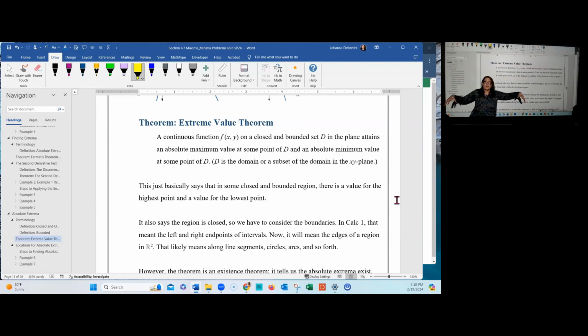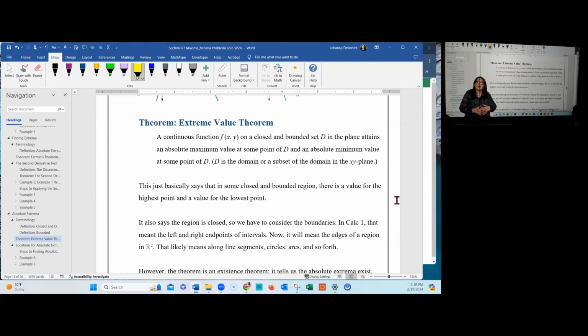All right, so we consider it both an open set and a closed set. But when you're talking about a bounded region, no direction can go to infinity. As long as I have a closed bounded set, closed bounded region in R2, then the function has to have both an absolute maximum z value in that set and an absolute minimum z value in that set.